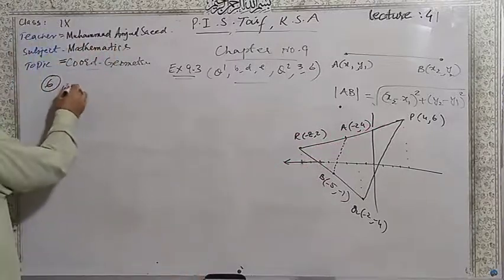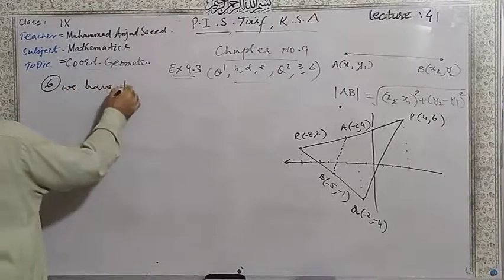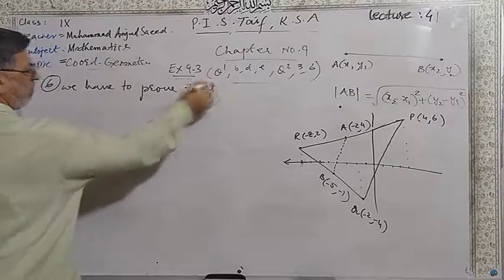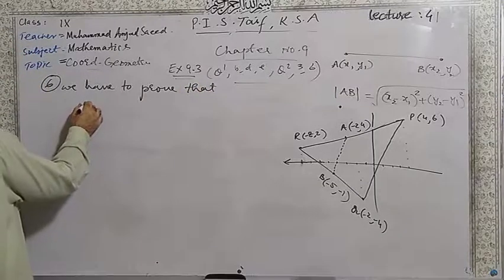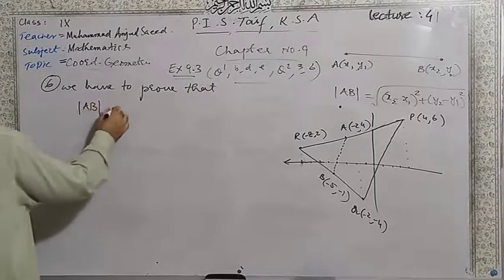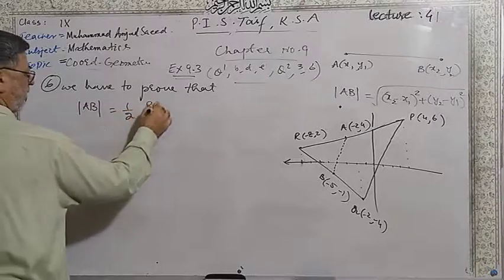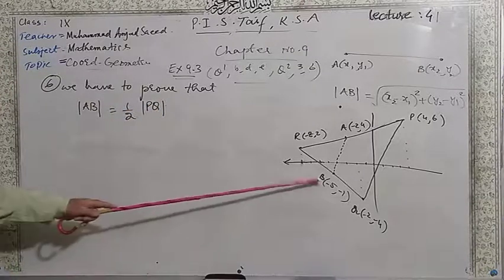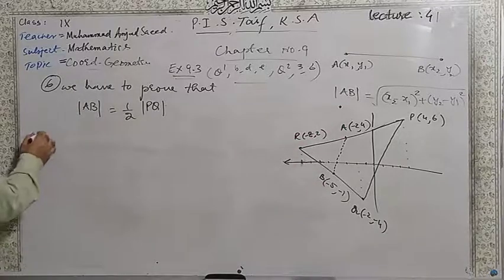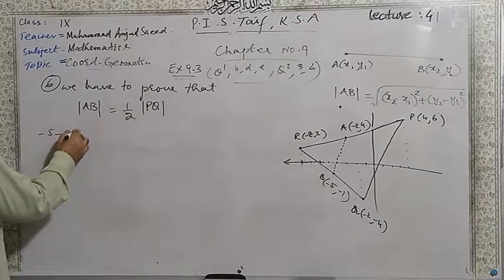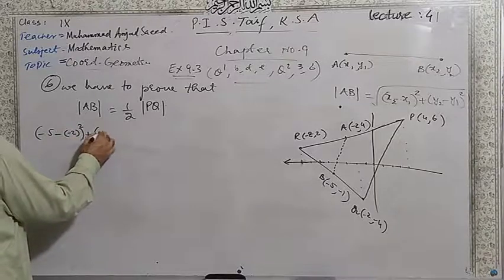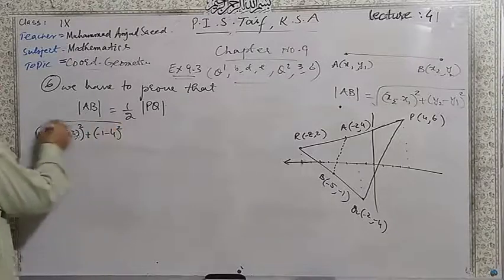We have to prove that AB mod is equal to half of PQ. What about AB mod? First minus first whole square plus second minus second whole square, whole under root.